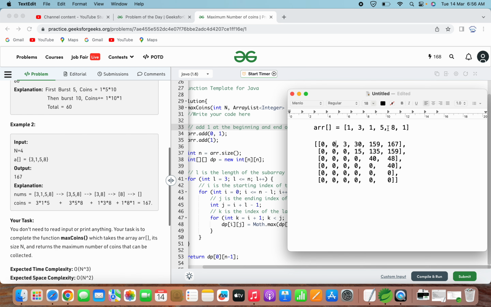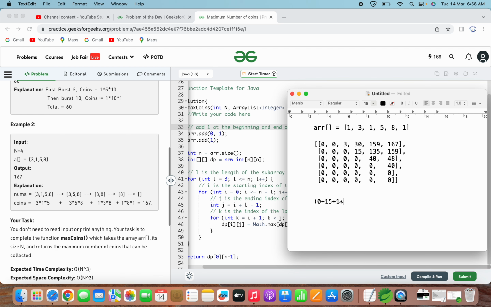Using both these combinations, we will see where we get the maximum value. For getting 30, if I write it down, it will be 0 plus 15. If you do a dry run of this code, you will get this only.